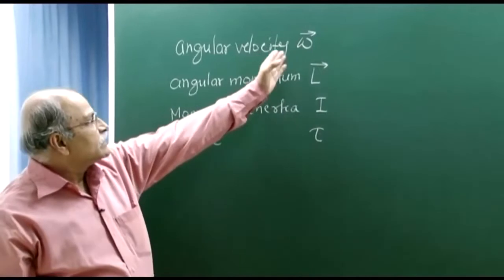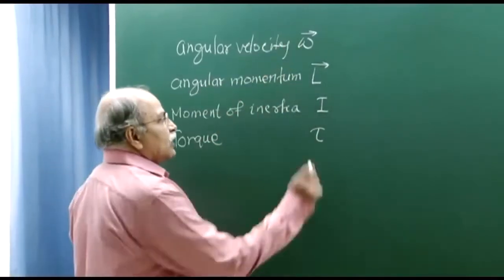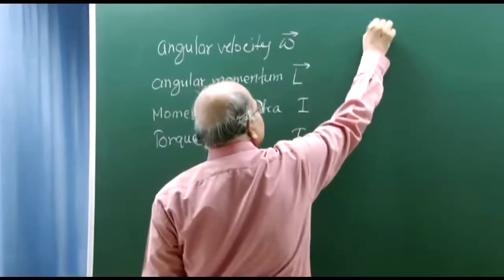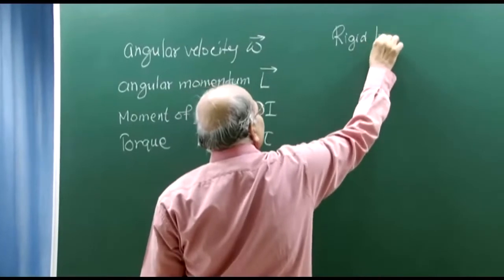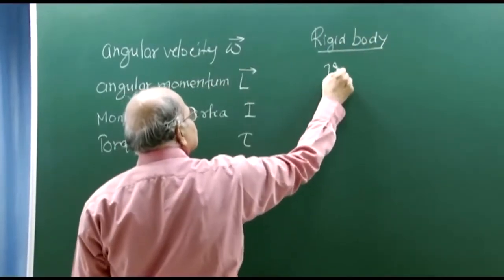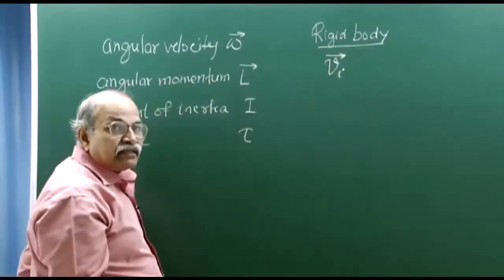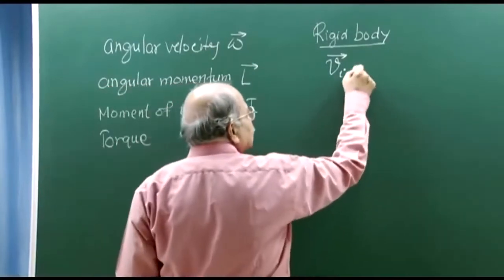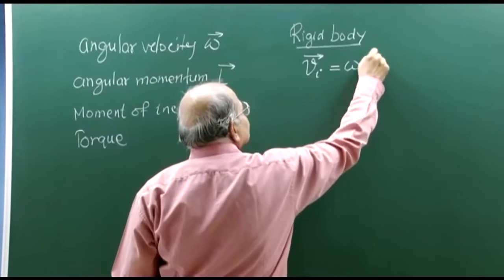So, angular velocity is a vector quantity omega, and if you have a rigid body which is rotating, the linear velocity of any particle can be written as omega cross Ri.